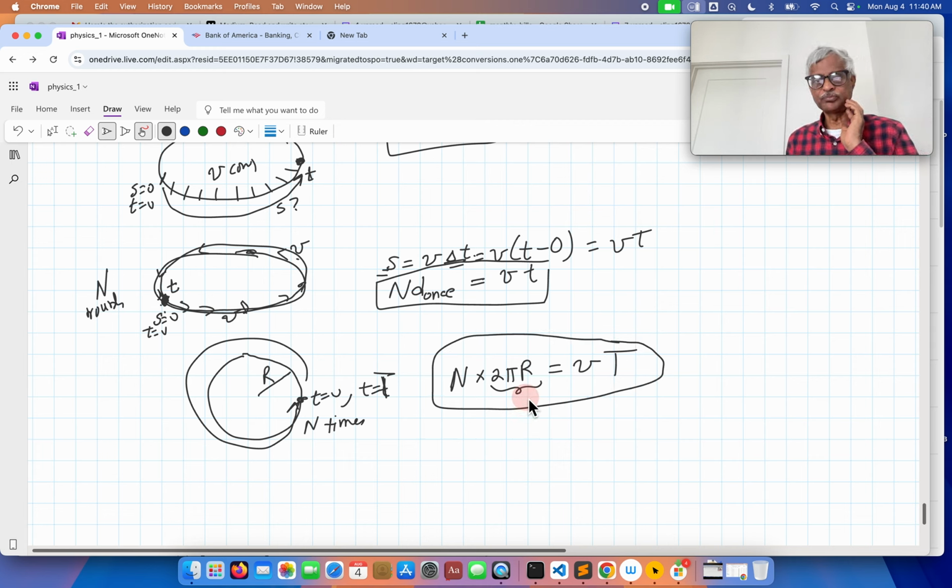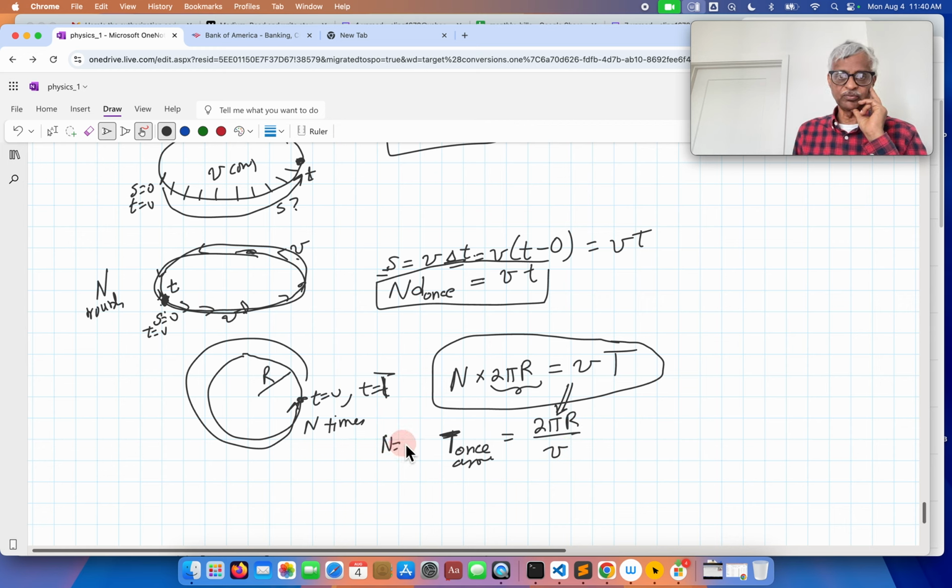Of course, that means the time for one round is 2 pi r over v when n is 1. That gives you the time for once.